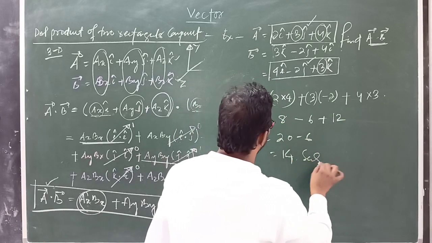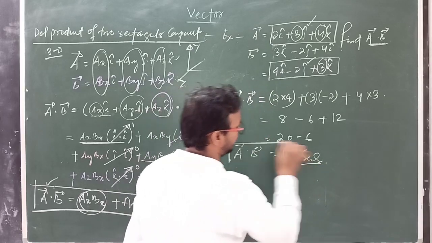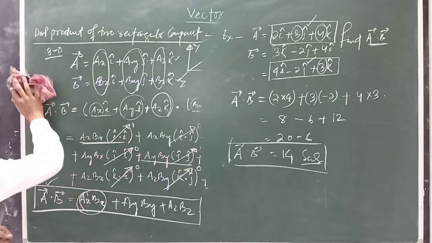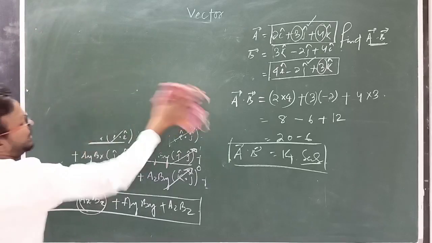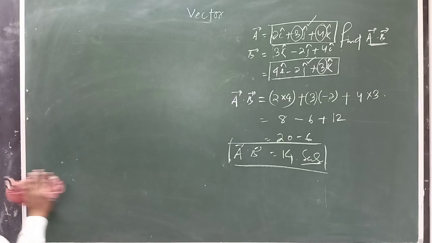This is a scalar, which is the answer. So a dot b equals this much. Clear? So in this way you can solve different types of numericals based on the dot product of two vectors.